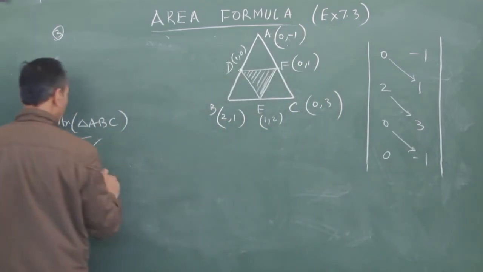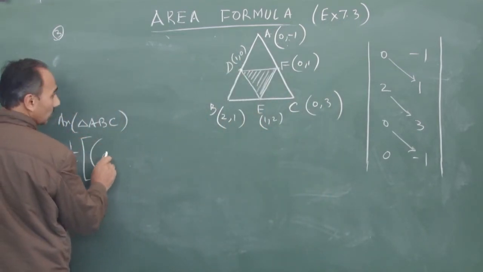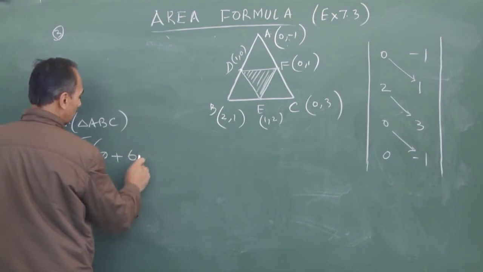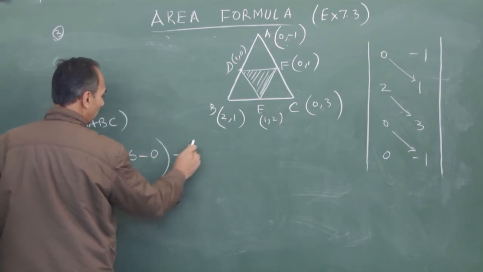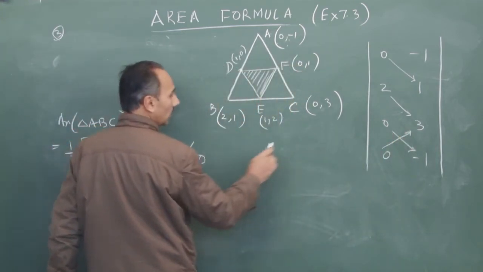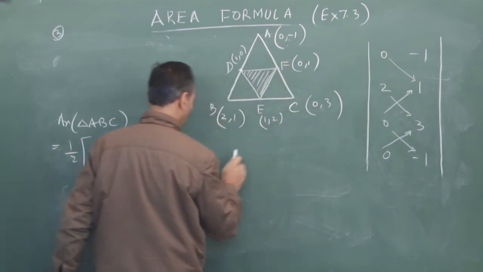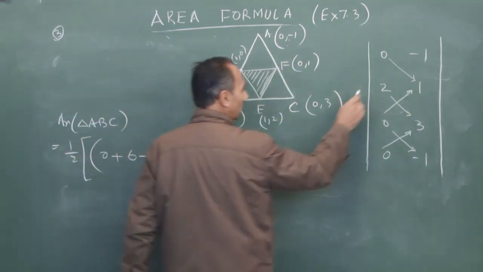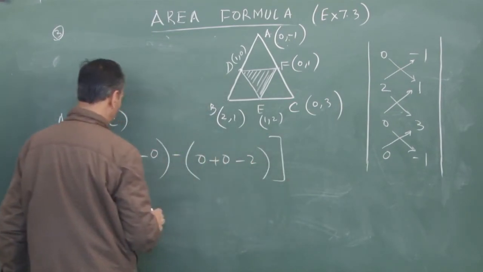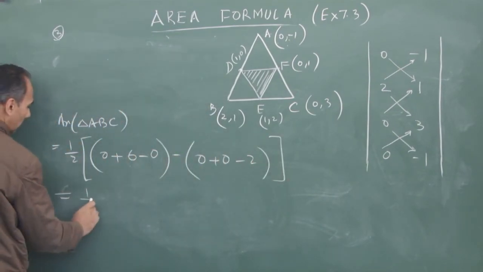So this will be 0 into 1 is 0, plus 2 into 3 is 6, plus 0 into this is 0, minus times, 0 into 3 is 0, plus 0 into 1 is 0, plus 2 into -1, that's -2. This is the area of triangle ABC. Let's see what it turns out.